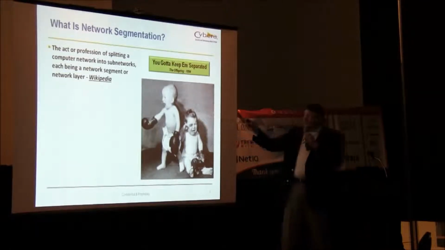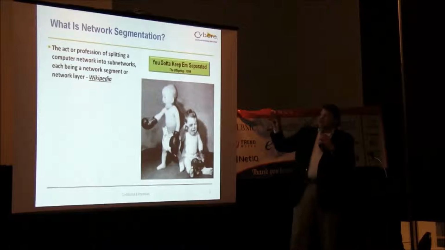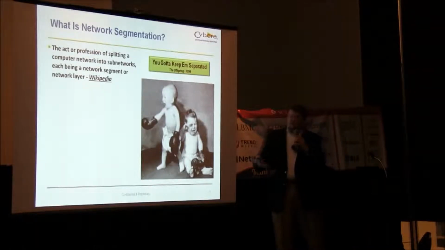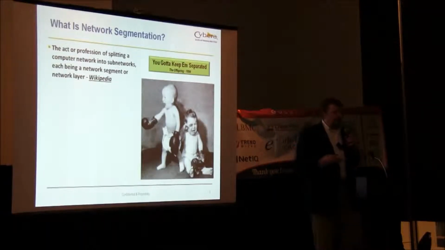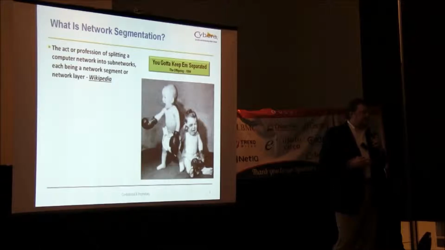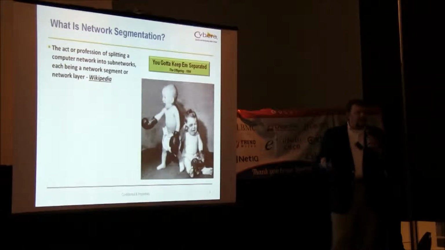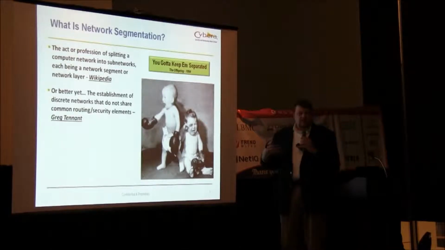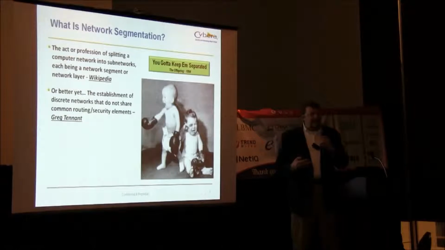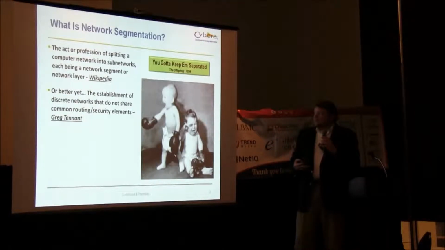Now, Wikipedia defines this as the act or profession of splitting computer networks into subnetworks, each being a network segment or a network layer. I think when you look at the nature of a lot of the breaches that we're seeing in the industry today, that's probably not good enough. So I have my own view on it, and that would be, better yet, the establishment of discrete networks that do not share common routing or security elements.